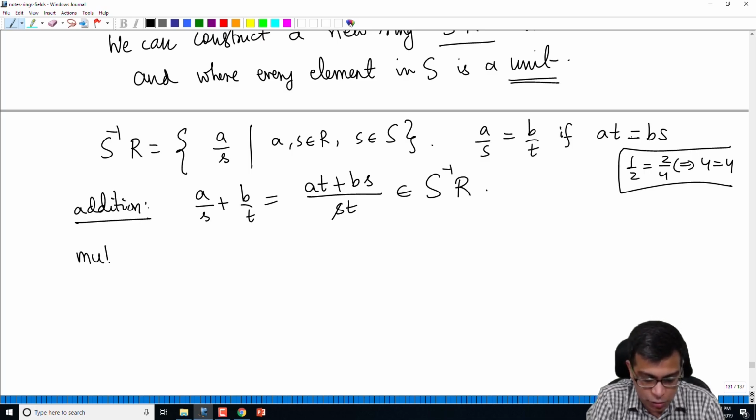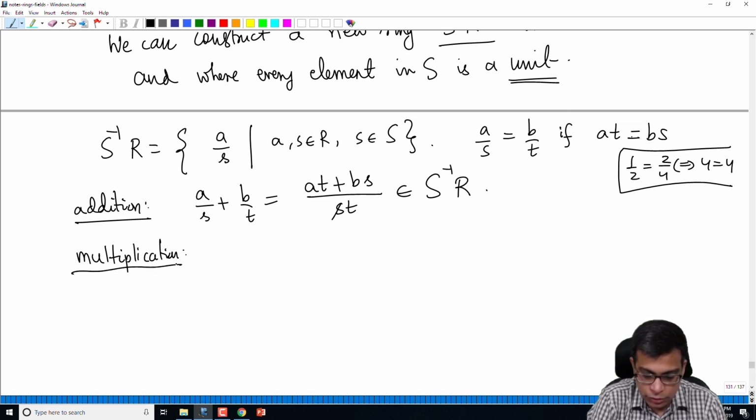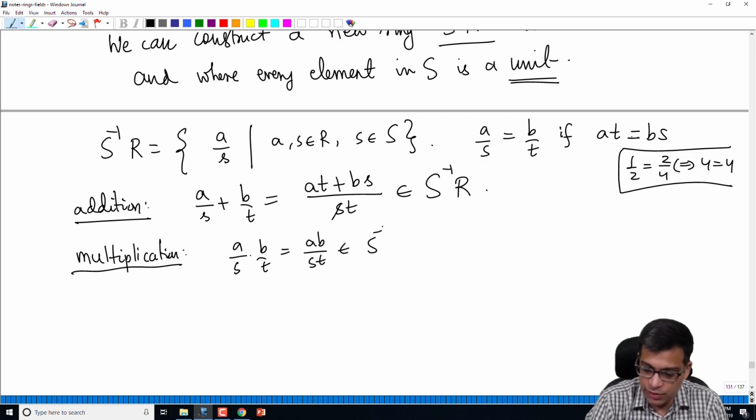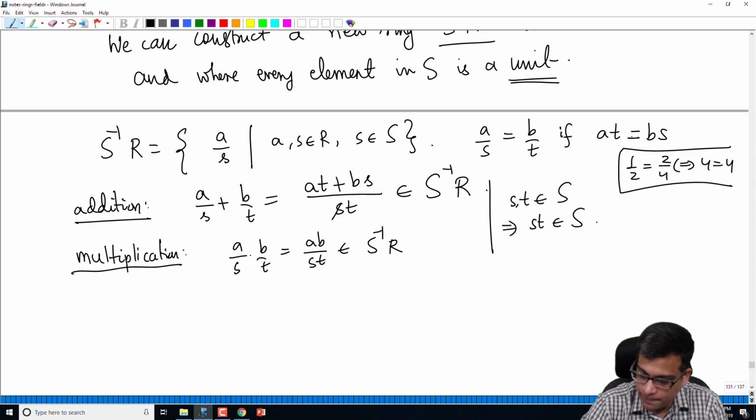Multiplication is also defined in the same way: A by S times B by T is AB by ST, which is in S inverse R. The important point is, if S, T are in S, then ST is in S. So that is what we are using.